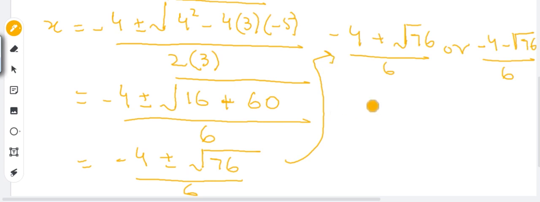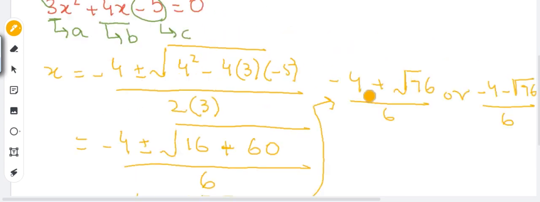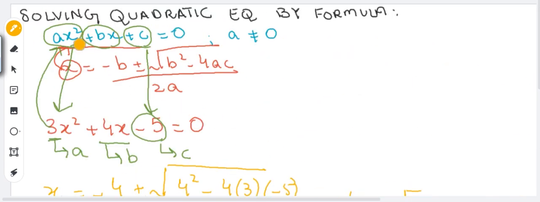So we'll get two values of x. Why two values of x? It is clear that our equation is a quadratic equation, where the degree of the unknown variable is 2. So from here we come to know that we will get a maximum of two values of x.